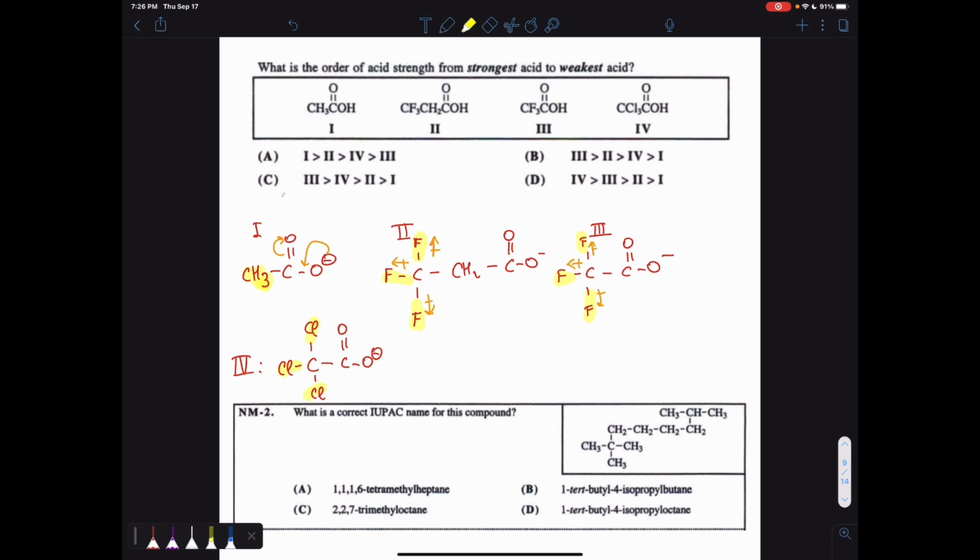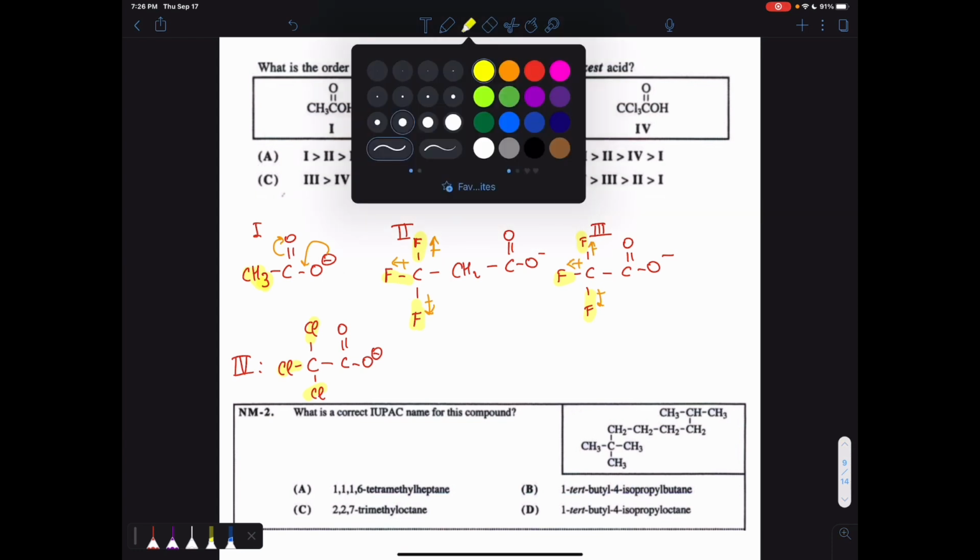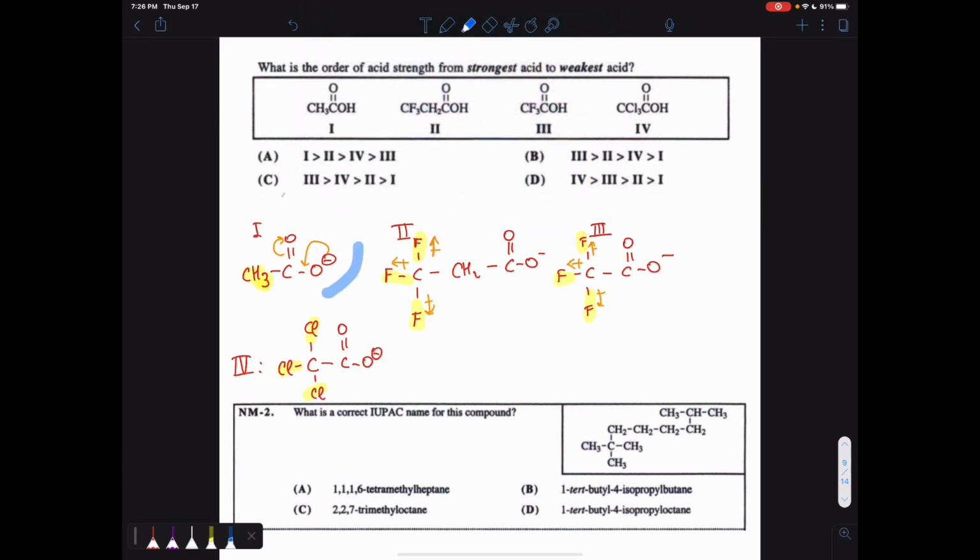If I look at number one, the negative charge cloud would look something like this around it. It will be more on this side, and then smaller on this side. But if I look at it right here, it's going to be more distributed among them. So this means there is a better delocalization of the charge.